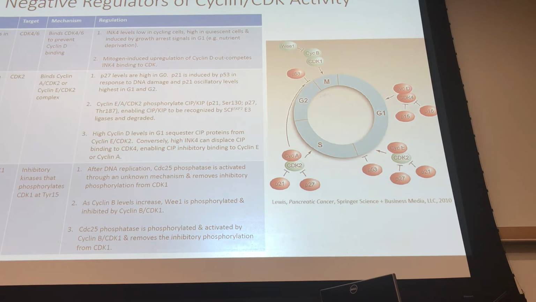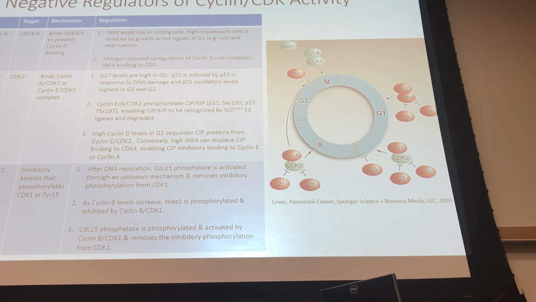If the cell experiences any DNA damage, there's a famous transcription factor called P53. P53 happens to be mutated in about 50% of cancers. P53 is a tumor suppressor. If the DNA is damaged, because you don't want to pass on any of that damaged DNA, this transcription factor gets activated, and what it transcribes is P21.